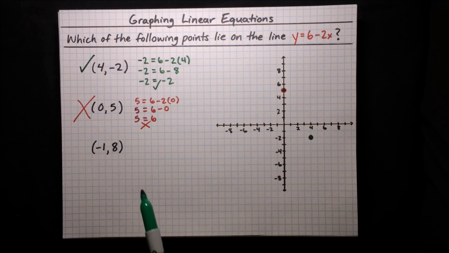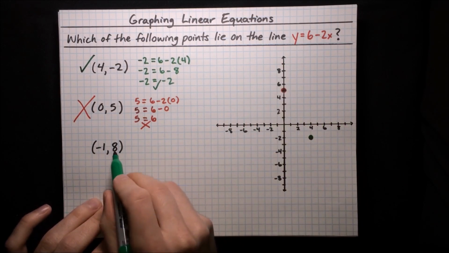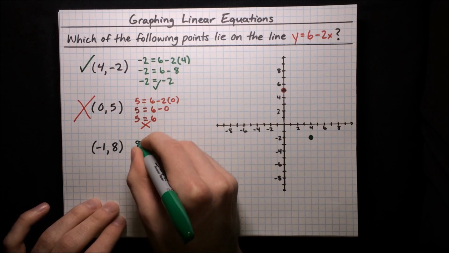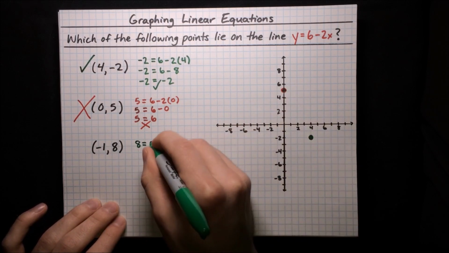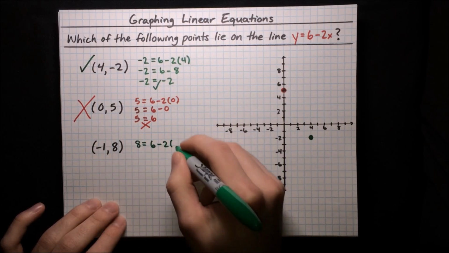And now to deal with our last point, again, we'll just substitute in. So y equals, that turns into 8 equals 6 minus 2 times x, and here x is -1.